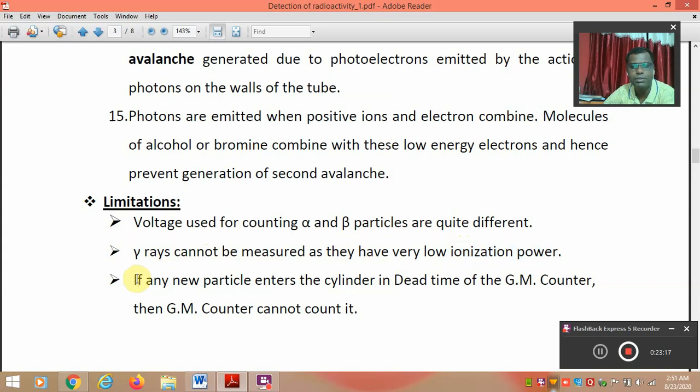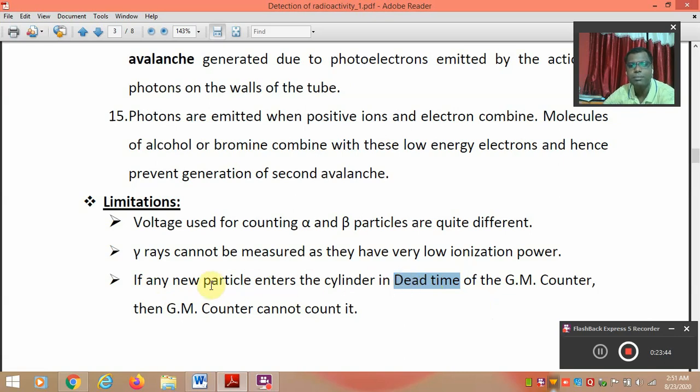Another one, already we discussed about this. If any particle enters the cylinder at a time in which the counter is not active, the counter is ineffective, then that particle will not be counted or measured by the GM counter. The period during which it is not recorded is called the dead time of the GM counter.